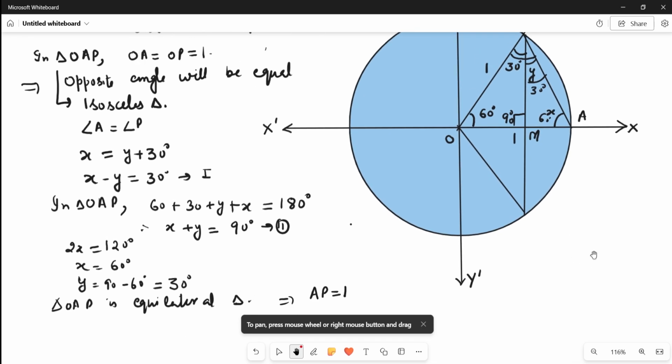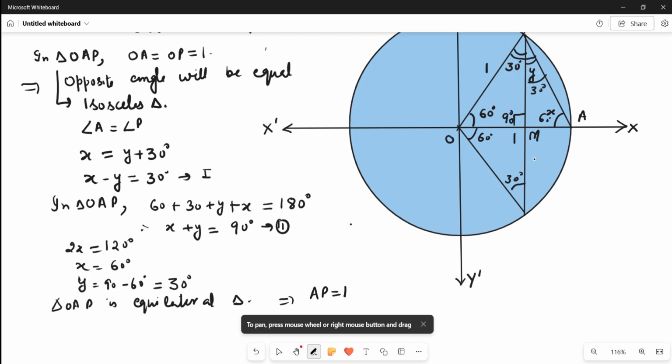Now see, this side is also 1. Now this is 30. This angle will also, this is symmetry, so this angle is also of 30 degree. This angle is also of 60 degree.